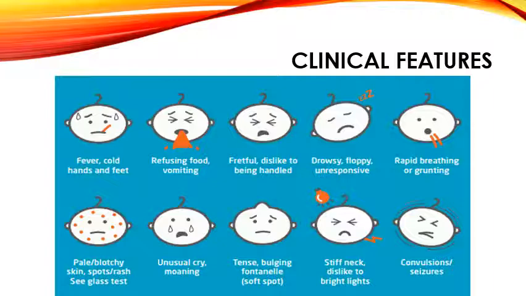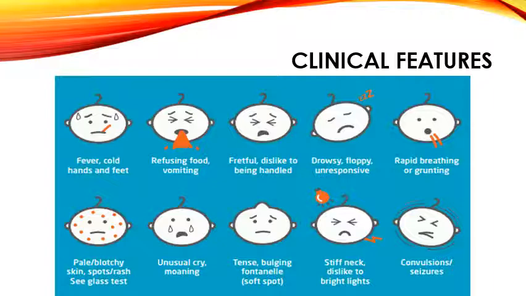Tense or bulging fontanelle can be appreciated in whom the anterior fontanelle is open. Stiff neck or arching of back or posturing can be seen in infants, but in very young children you will not be able to appreciate the signs of meningeal irritation.